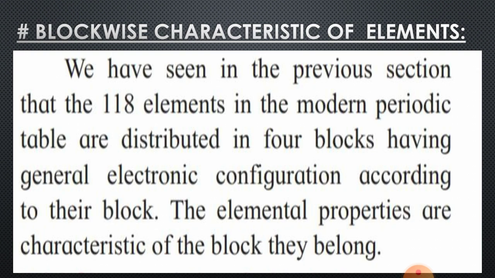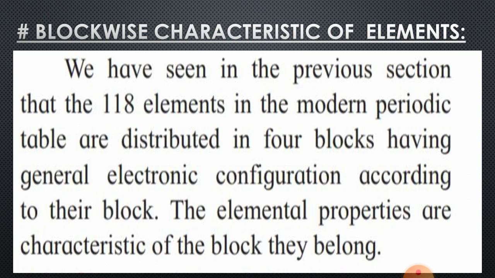As we have seen in the previous section, 118 elements are present in the modern periodic table. These 118 elements are distributed in 4 blocks and they have a general electronic configuration with respect to their blocks.